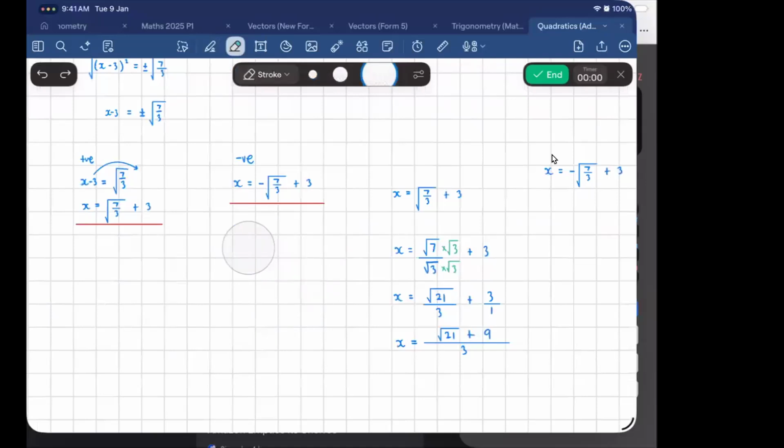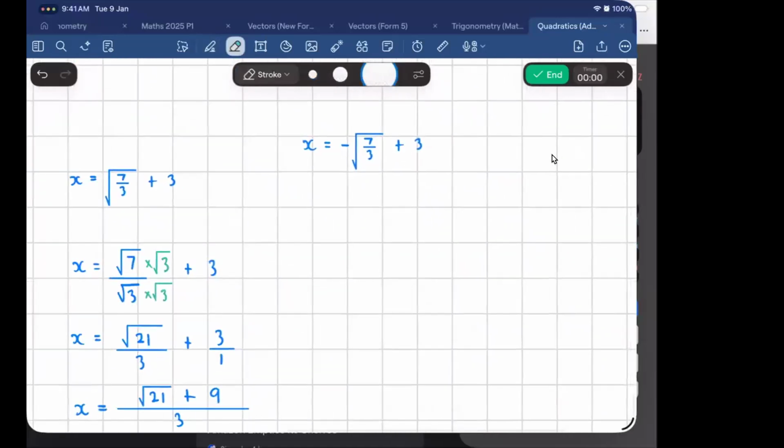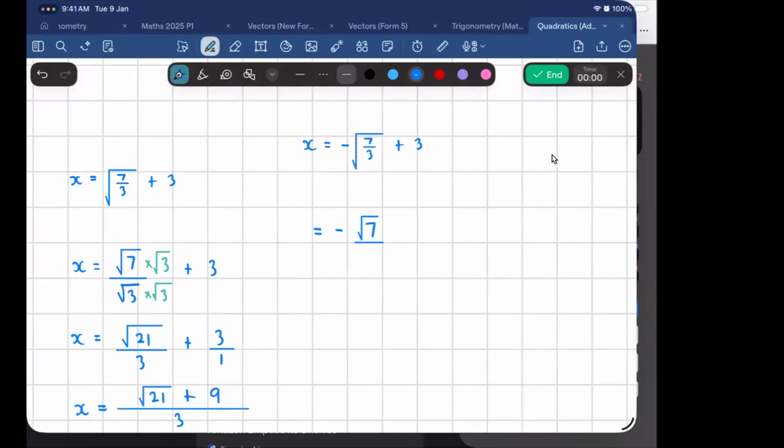All right. So Caleb, I want you to help me with the other one. So minus root 7 over 3. That's the same thing as minus root 7 all over what? Square root of 3, right?